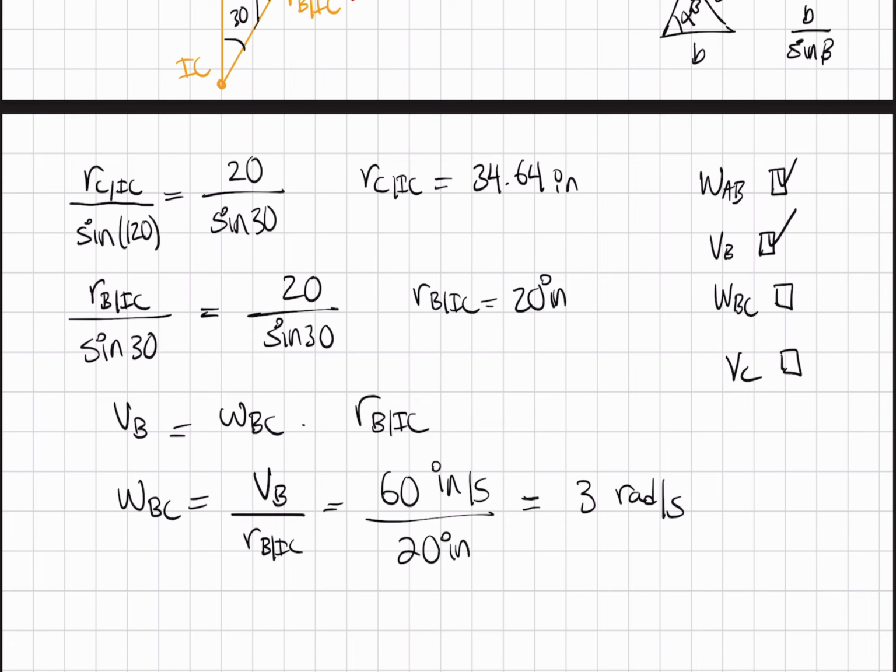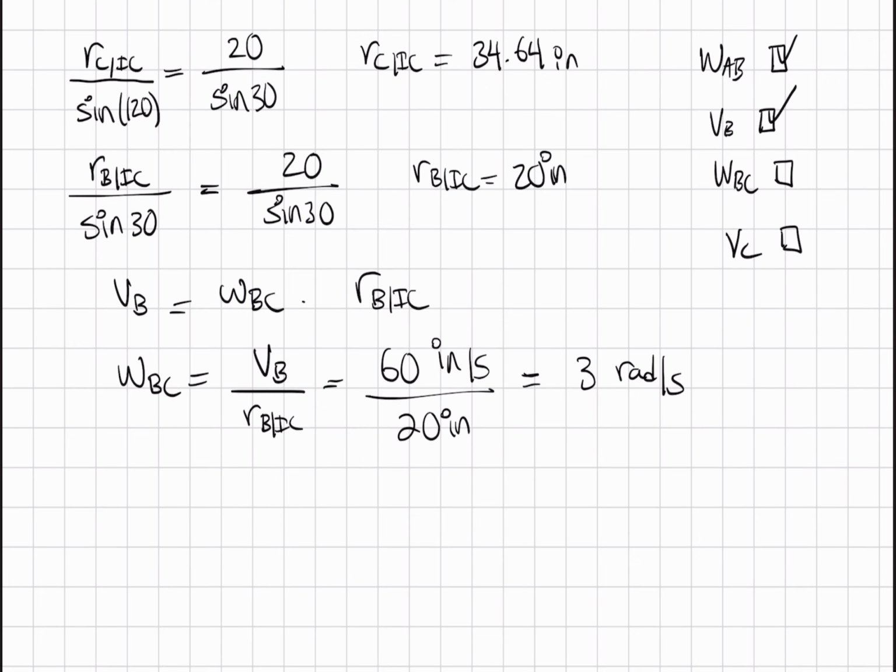And lastly, I can compute velocity C. So this here is just omega BC times RCIC. Again, we're using the instantaneous center to compute the velocities.